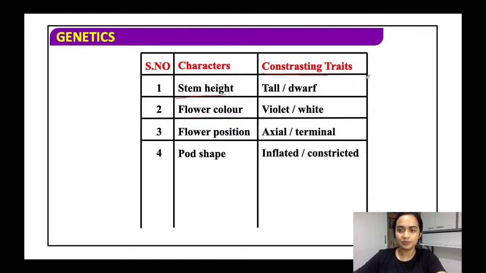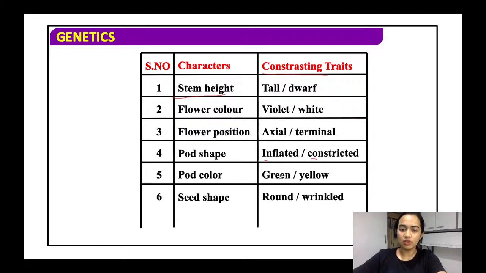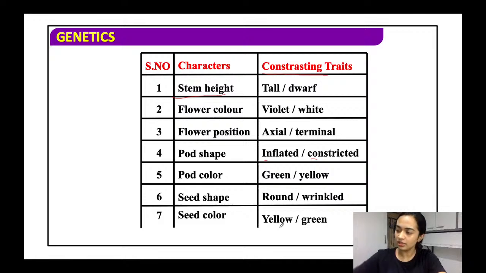The pod shape, that means the pod is basically the small piece you see inside the outer covering, is either inflated or constricted. The pod color is either green or yellow. The seed shape, again important, is round or wrinkled, and the seed color is either yellow or green.